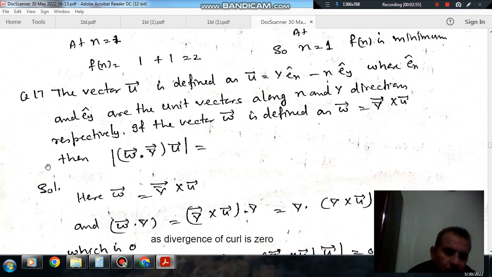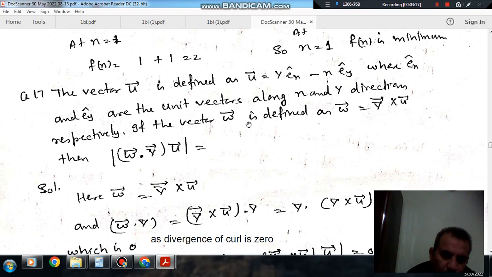Next, the vector u is defined as u bar is equal to y e cap x minus x e cap y, where e cap x and e cap y are the unit vectors along x and y direction respectively.